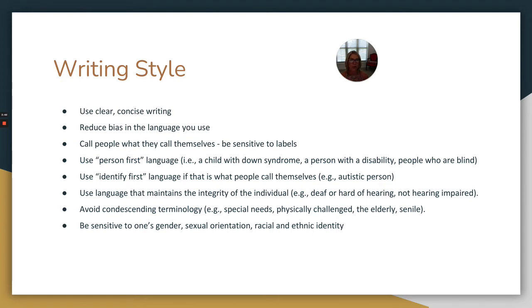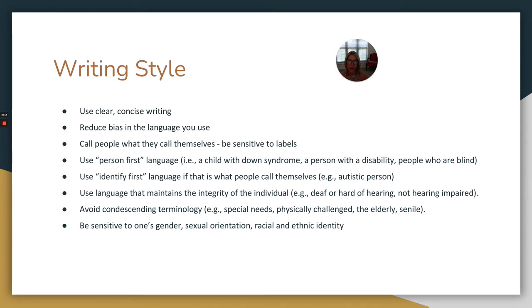So you would use phrases like a child with Down syndrome, not a Downs boy, or a person with a disability, or people who are blind. Sometimes it's also appropriate to use identity-first language. It just depends on what that group of people tend to call themselves. An example of that is the phrase autistic person.